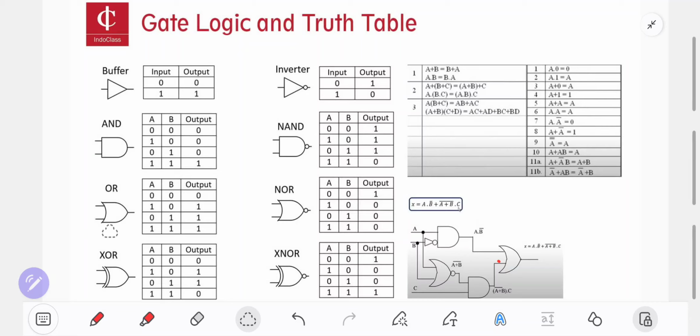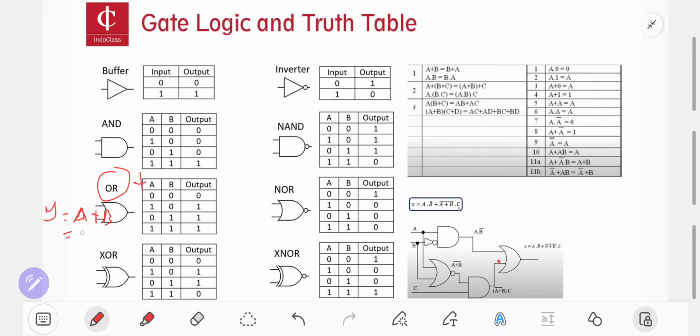Third one, go to OR gate logic. You can think of it simply: OR is equal to plus. For example, we have Y as output and A and B as input. A plus B. OR is equal to plus.